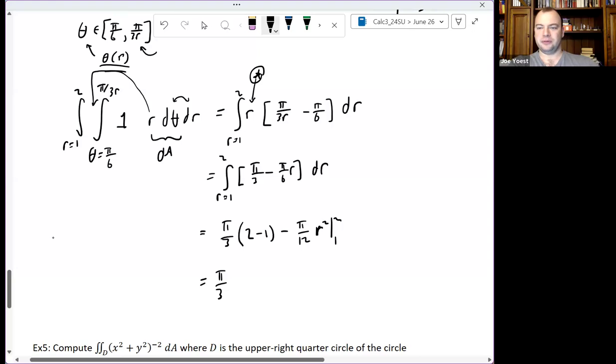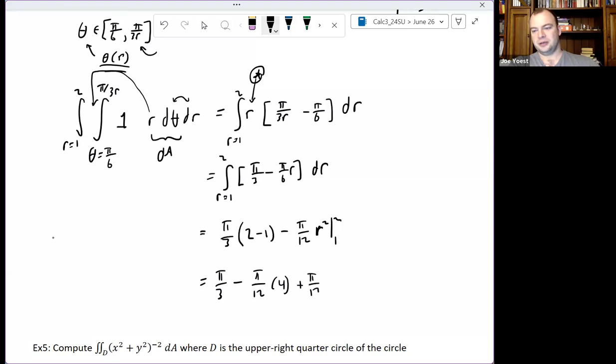This gives me pi over 3, and then minus pi over 12 times 4, and then minus a minus, so plus pi over 12 times 1. Well, pi over 12 times 4 is pi over 3. These go away, and we get pi over 12.